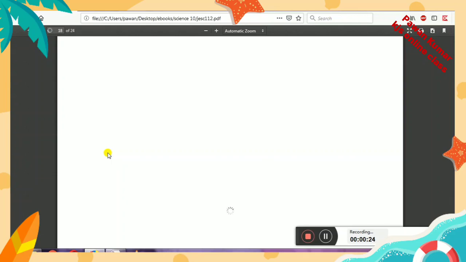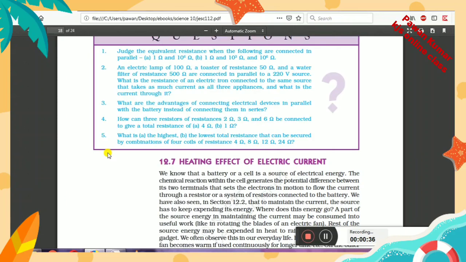When resistors are in series, we saw that the equivalent resistance R will be equal to R1 plus R2. If there are two resistances, we simply add them algebraically. If two resistances R1 and R2 are in parallel, their equivalent will be the sum of reciprocals.